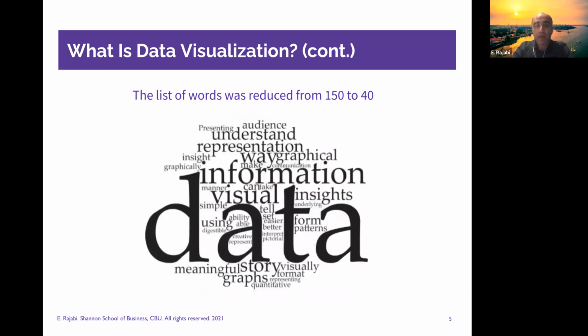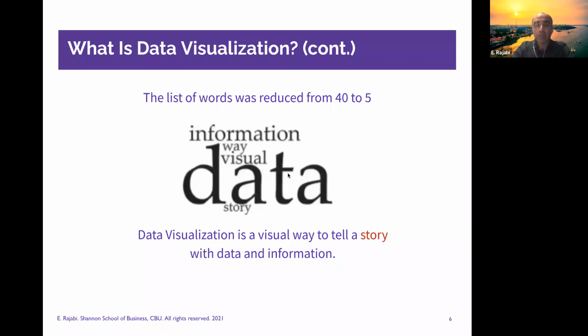And after that, the professor reduced the list to 40 words. And here you can see information, visual, insights, data. And these kind of words are large in the word cloud. And finally, they reduced the size to 5 words to define the data visualization this way.